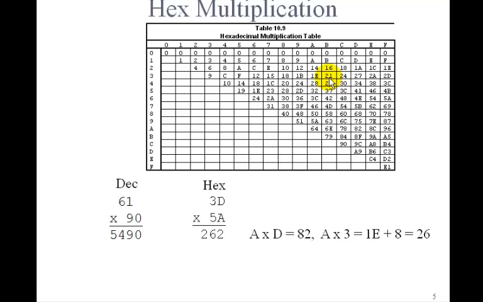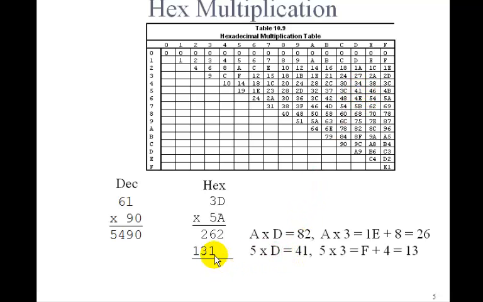Then A times 3 is 1E from here. There's 1E plus the 8 that you carried. 1E plus 8 is 2, 6. You put 2, 6. So this is the partial product of A times 3D. And then you do 5D, shift it over 1 digit. So 5 times D, you look up here, 5 times D. And you see 5 times D is 41.